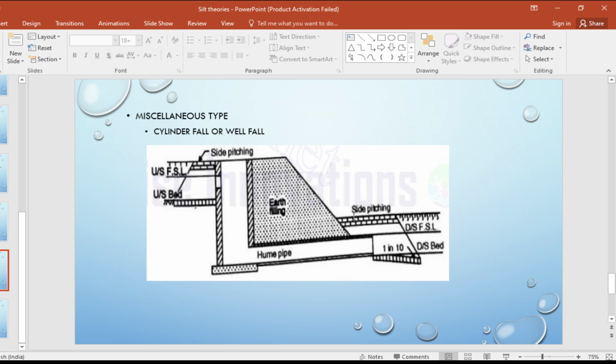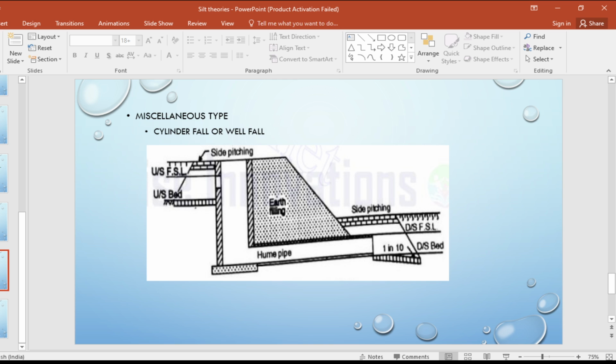The last one is class 4. Class 4 is miscellaneous types. Falls under this class are designed from special considerations without any reference to the conditions of approach.